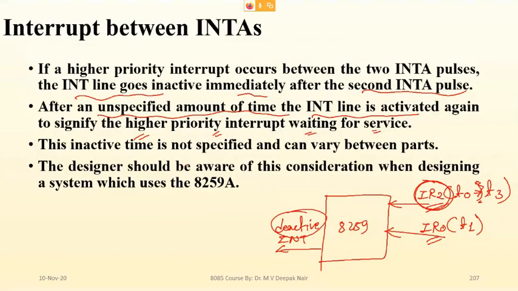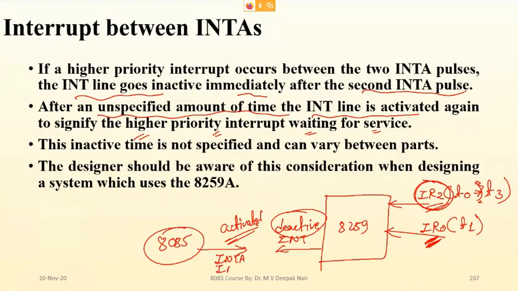After that time, the INT line will be activated again, and that signifies that a higher priority line is waiting for service. So the 8085 first sent INTA 1, and then INTA 2. Before INTA 3, IR0 came. So how will the 8085 know that there is another interrupt?